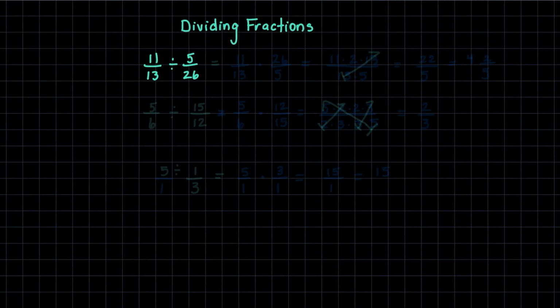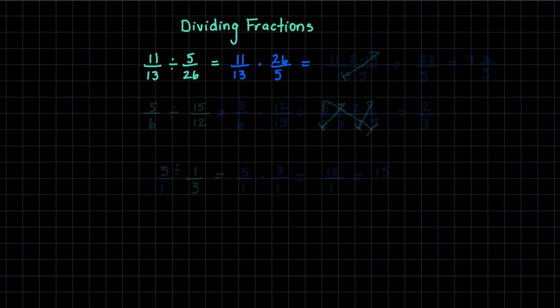Okay, let's divide 11 over 13 divided by 5 and 2/6. So we know the routine. Keep 11/13 the same. Change division to multiplication. Flip 5 and 2/6 to 26/5.